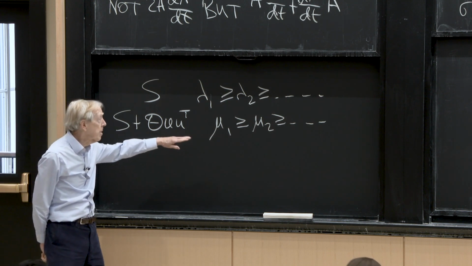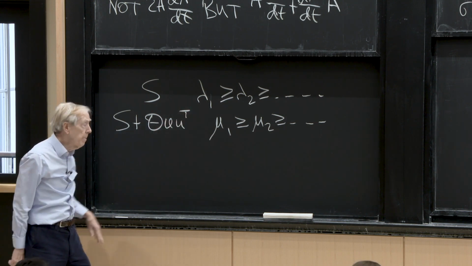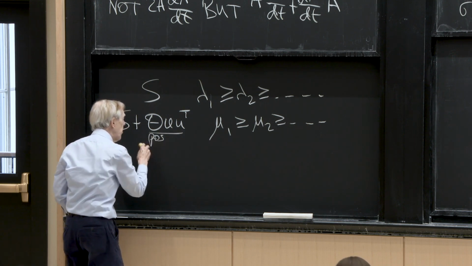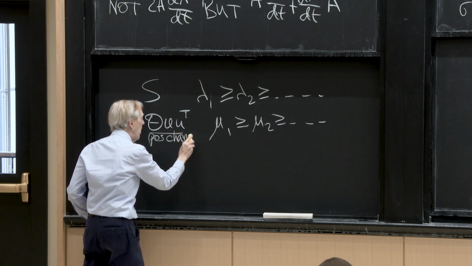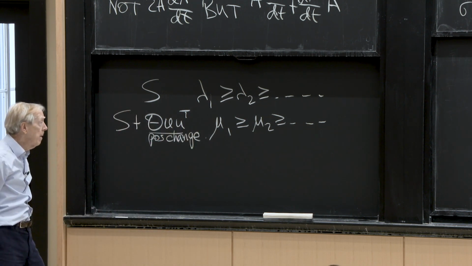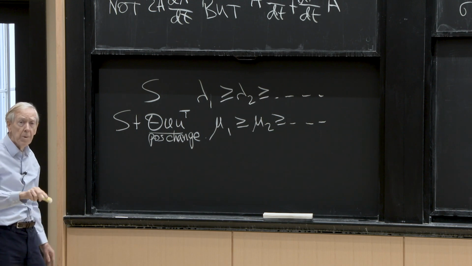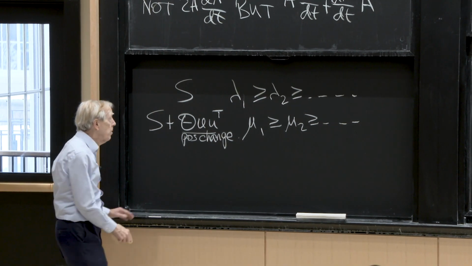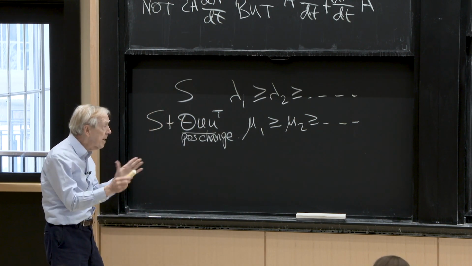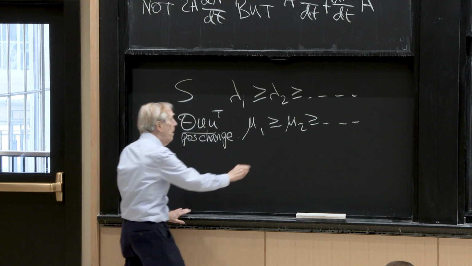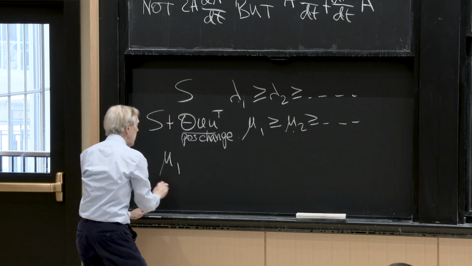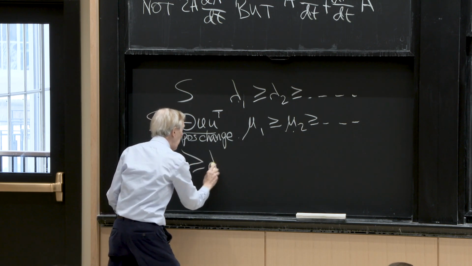And the bounds come from the lambdas. This was a positive change, so the eigenvalues will go up or stay still, but they won't go down. So the mu's will be bigger than the lambdas, but the neat thing is that mu2 will not pass up lambda 1. Here's the interlacing. mu1 is greater or equal lambda 1.